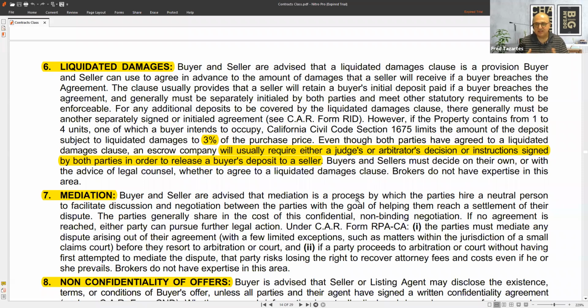So if you put less than 3% as your EMD, that's what they're entitled. If you put more than 3%, they're only entitled to 3%. They don't have to prove any losses or anything like that. If they don't do liquidated damages, the exposure is unlimited, but the seller has to prove financial damages at that point, which is a lot harder.